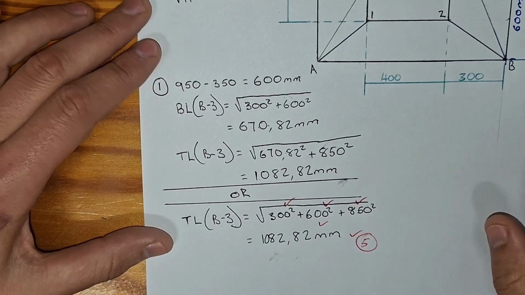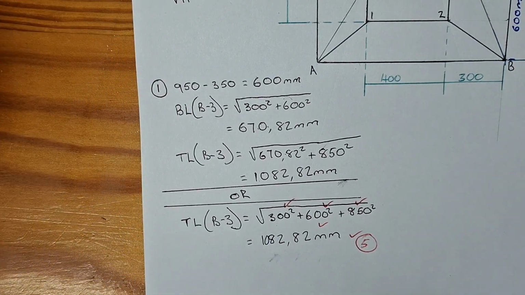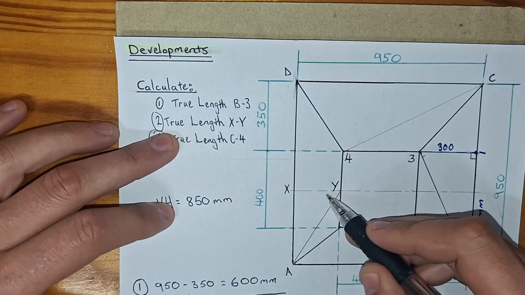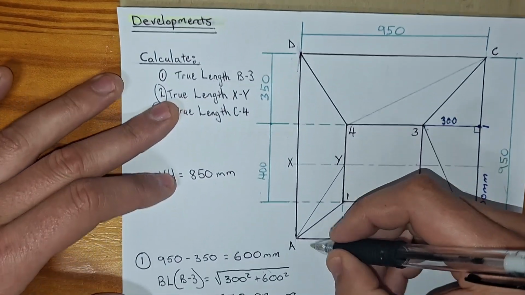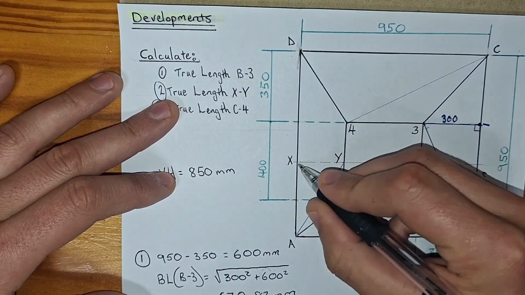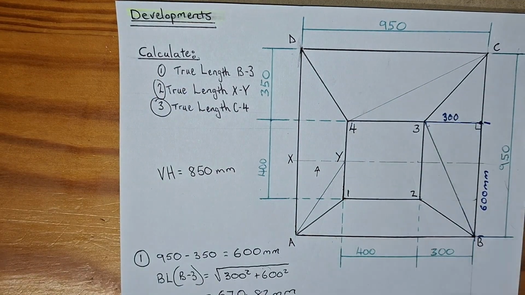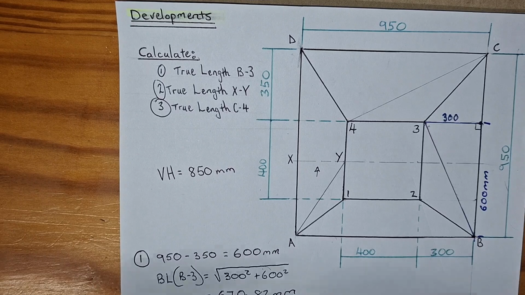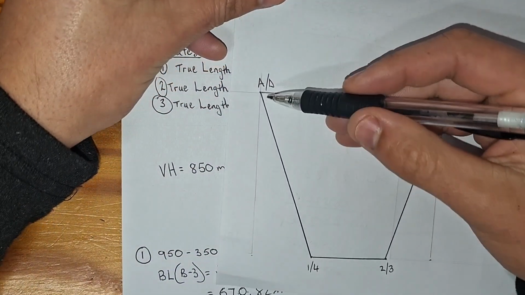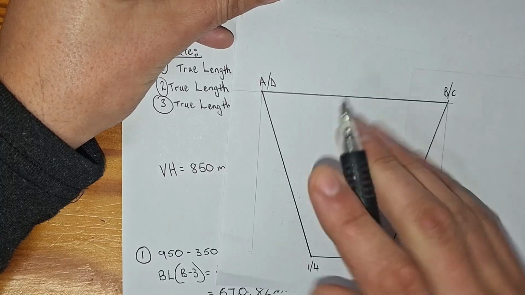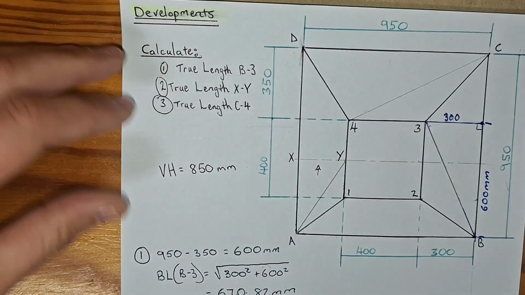Next, we will calculate the true length for XY. XY is this distance over here. Looking at this slanted line from the front, it will be this distance from there to there on a flat surface in front of you.